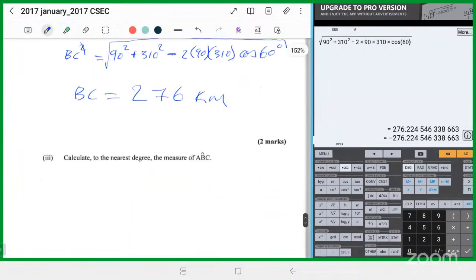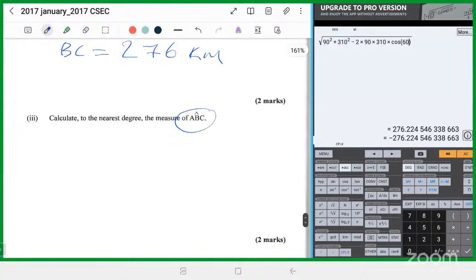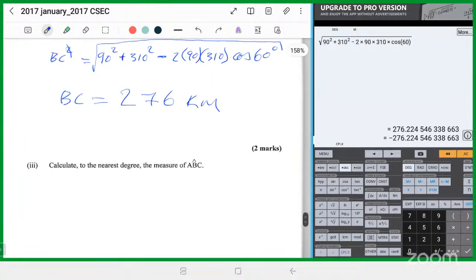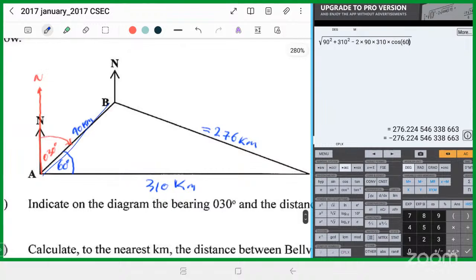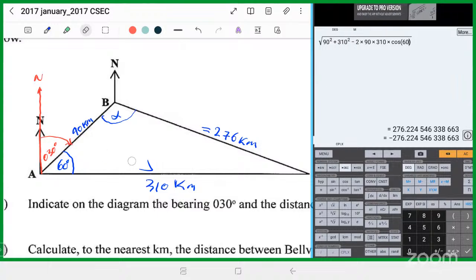The next part says, calculate the measure of angle ABC. So let's call it angle alpha on the diagram, angle ABC. ABC is the angle in here. And because we have this angle and side opposite each other, and we know two of them, we can use sine rule by pairing up those angle and side opposite each other. All right, sine rule.